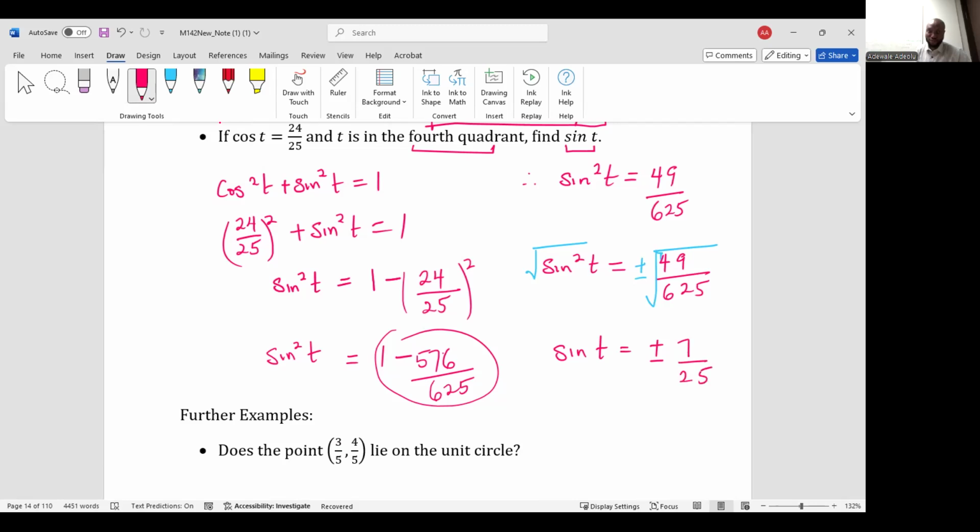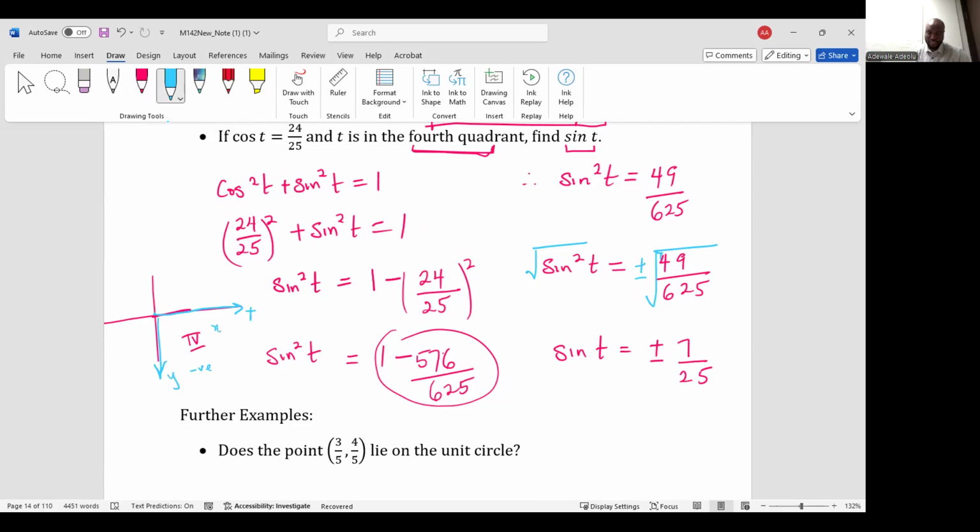Okay, now remember, we have two answers, plus or minus 7 over 25. But we have a clue that our angle is in the fourth quadrant. Let us see the behavior in the fourth quadrant here. Fourth quadrant. X is positive. Y is negative.